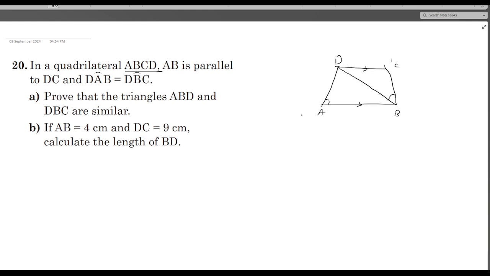Okay, so to prove that two triangles are similar, we can use the angle criteria. So here, if DC and AB are parallel, we can say that this angle and this angle are also going to be equal, right? And therefore we can say that the triangles are similar.